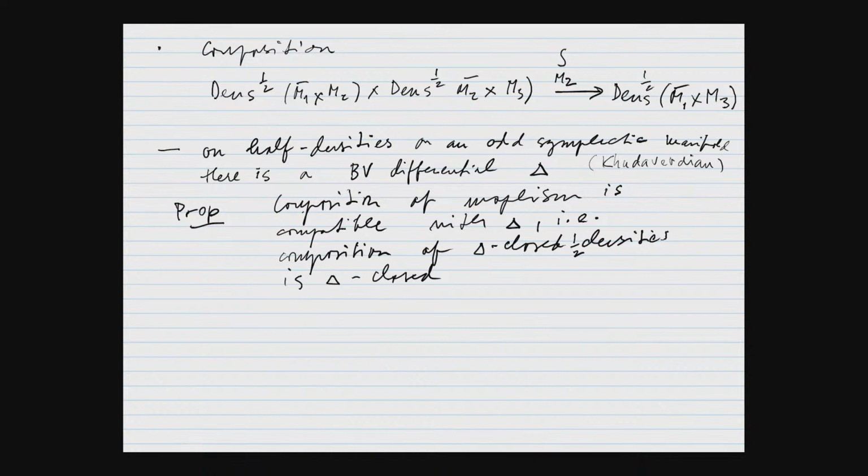So I can integrate over this density, which comes as a product of these two semi-densities on M2, and get the semi-density or half density on M1 bar times M3.